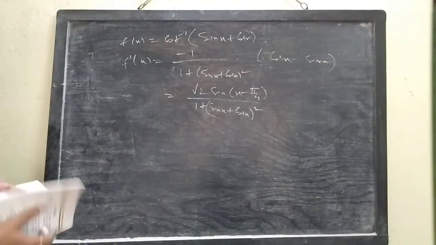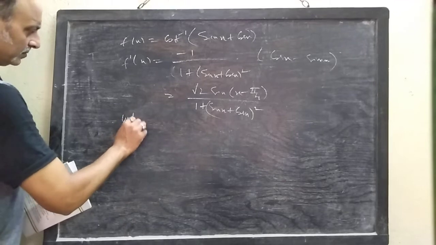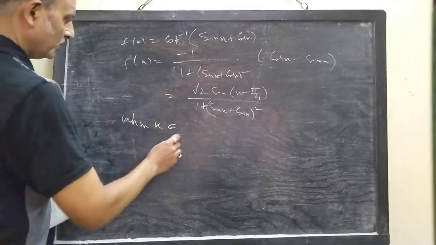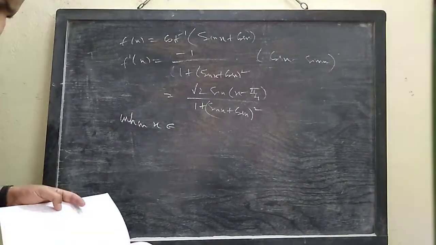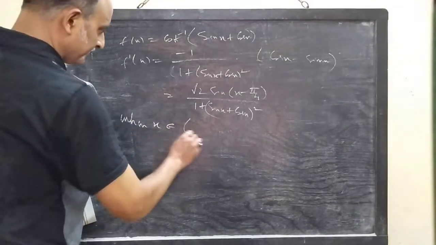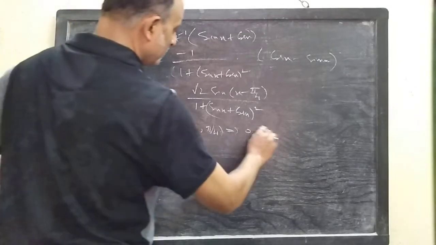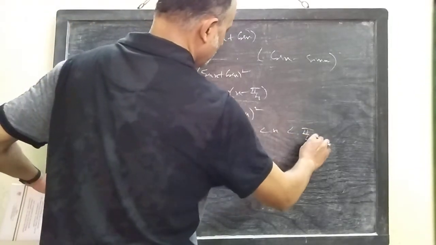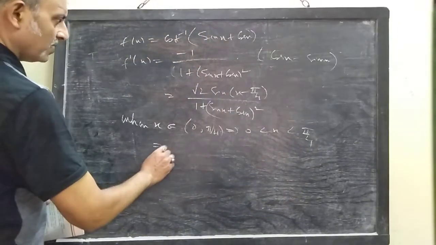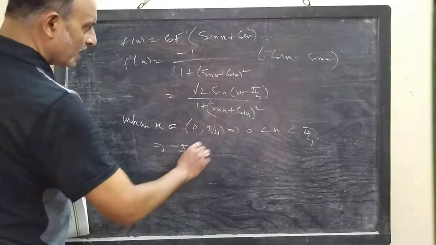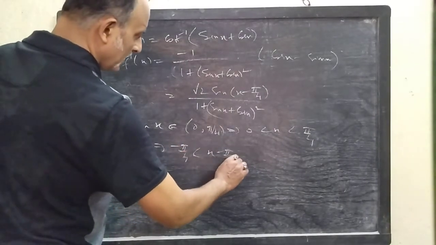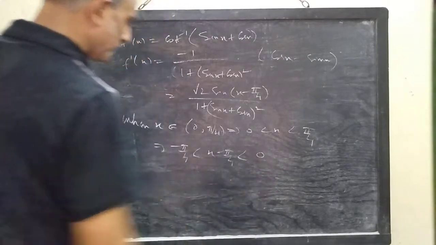Now in the first interval, when x belongs to the first interval, that is 0 to pi by 4, that implies x is more than 0, less than pi by 4. Subtract pi by 4, so you get minus pi by 4, x minus pi by 4 is 0.